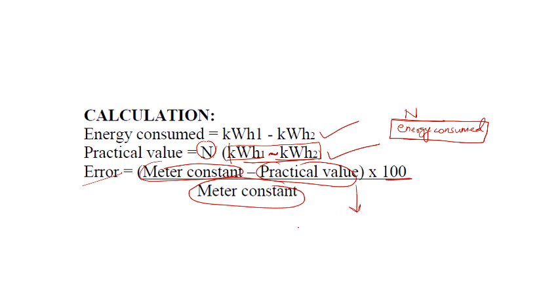So in this manner you are going to get the difference between the value supplied by the manufacturer and the value which you have obtained from the experimental procedure. So you are going to say that my energy meter constant is this which you have calculated, and in the process of calculating the energy meter constant you have also studied how to evaluate the energy consumed in this experiment by a given amount.